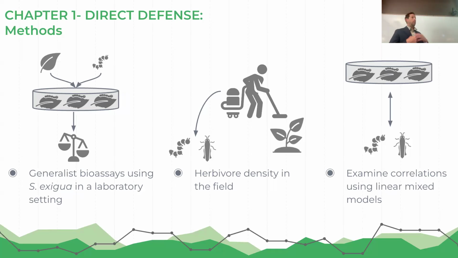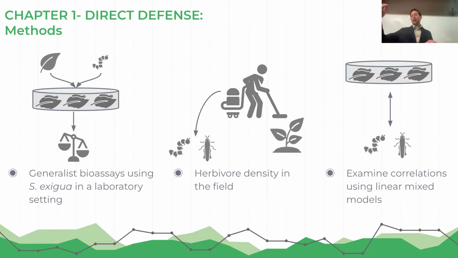And then we will measure weight gain, mass change over time, and assume that the Spodoptera that gained the most mass did so because the plant was least resistant to herbivory. So we're making that assumption there.